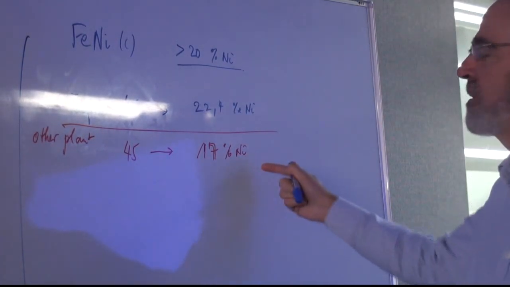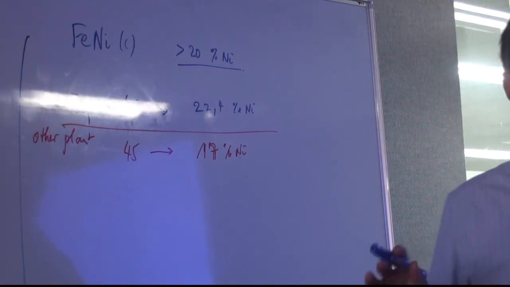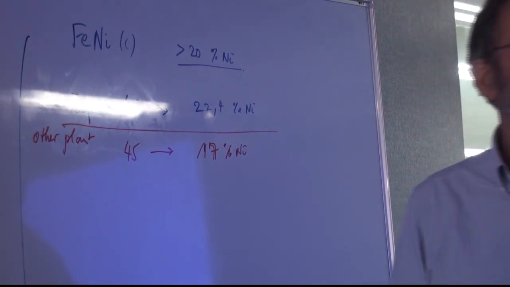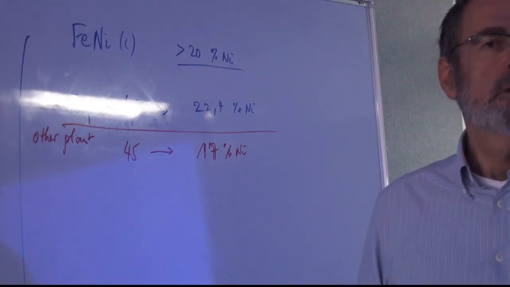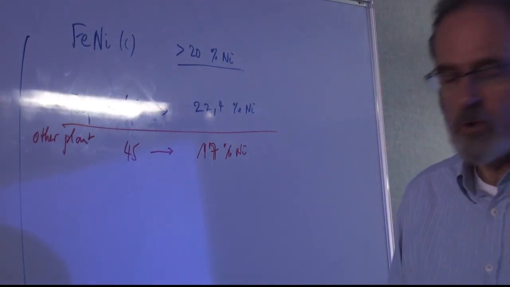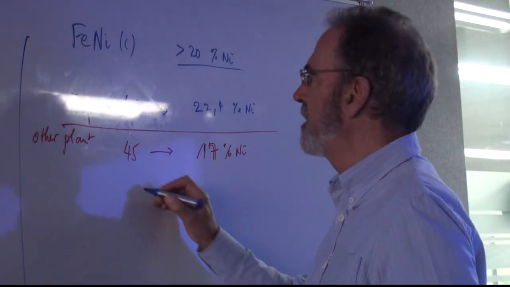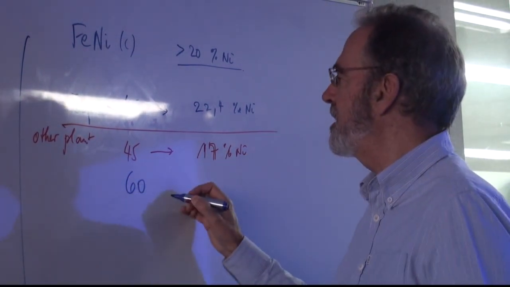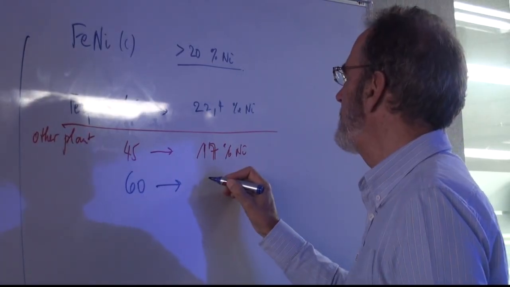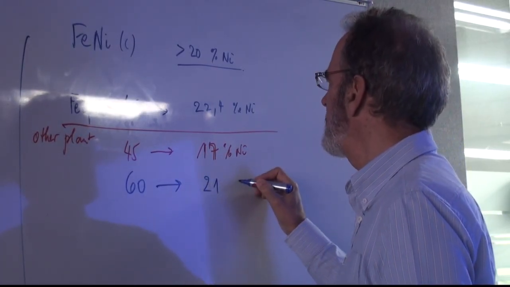That's not acceptable. This is worth nothing. So what do the operators do? They increase the coke, and we have seen that we must increase the yield to 60 to have 20 or 21, I don't remember exactly.